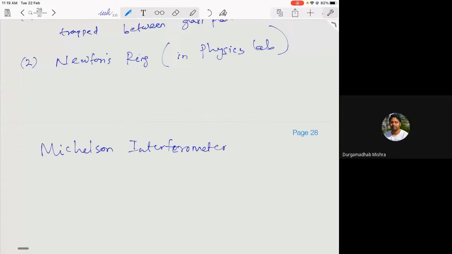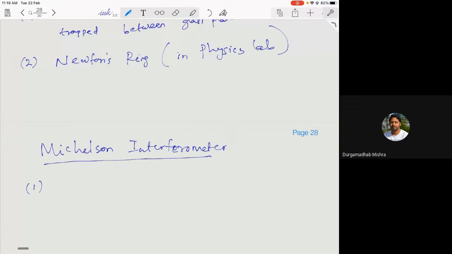So what does this Michelson interferometer do? Before going into that, I will give you two examples of how this interferometer has helped physics in general.